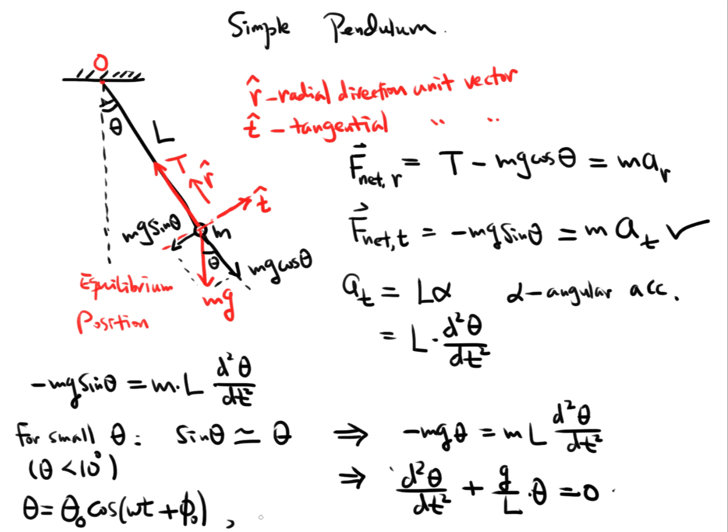Again, omega equals the square root of g over L. And this angle, because that's the initial angle of the string, is actually also theta naught. Okay, and that's also theta naught. The initial angle less than 10 degrees.